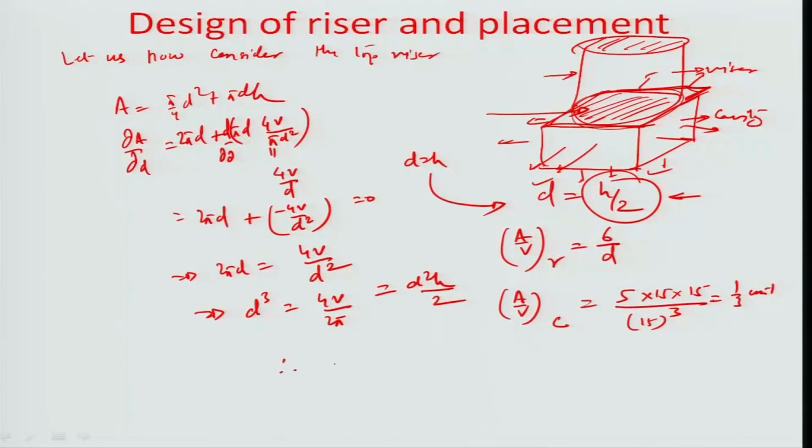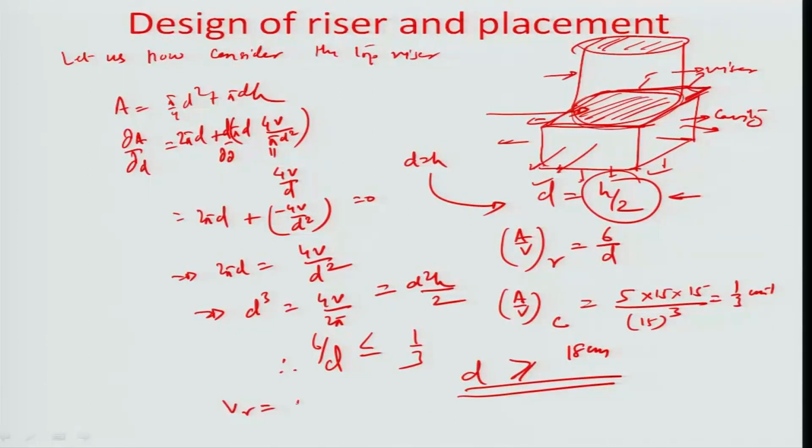therefore now have the 6 by d area by volume of the riser to be less than or equal to this 1/3 centimeter inverse, or diameter greater than or equal to 18 centimeter. So, the riser volume with minimum diameter is now given as pi by 4 d square h.